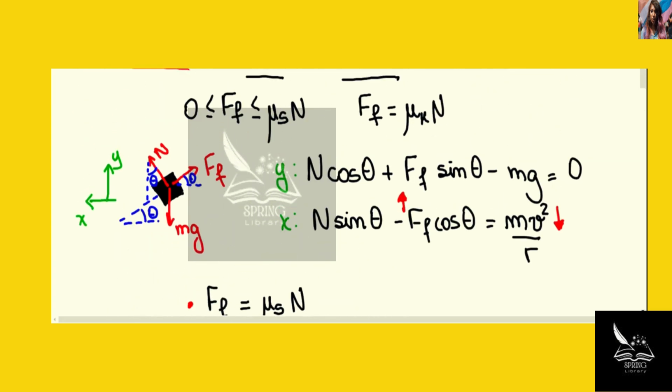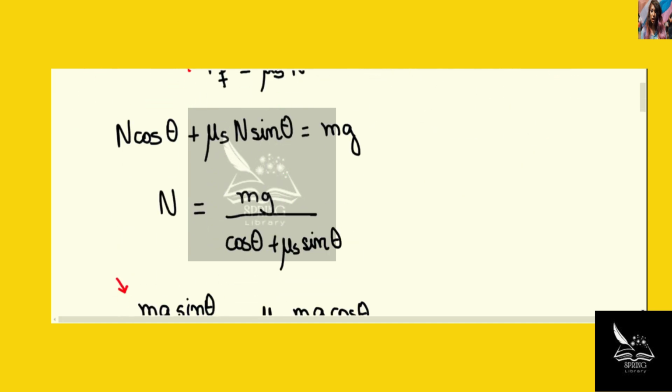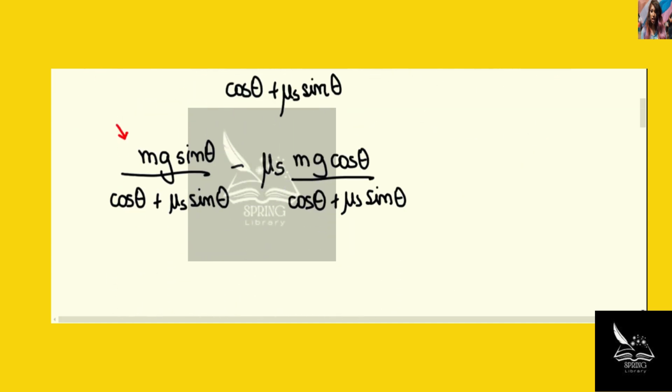Now this is in accordance with the equation for the x-coordinate, and this is equal to mv squared over r. So this is just n times sine of theta minus the frictional force, which is mu s times n, times cosine of theta, and this is mv squared over r.